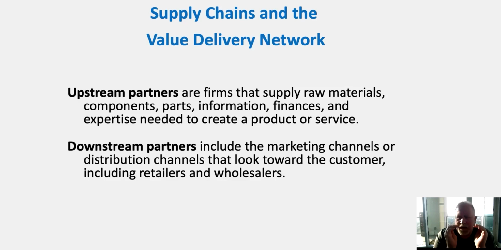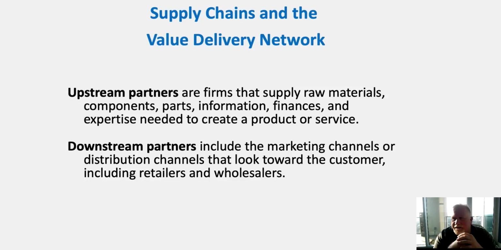So this is after we have the product or service completely set, and we're looking to get that product or service out to customers and have them use that end product or service. We look to downstream partners as a mechanism to get that product out and sell that product.